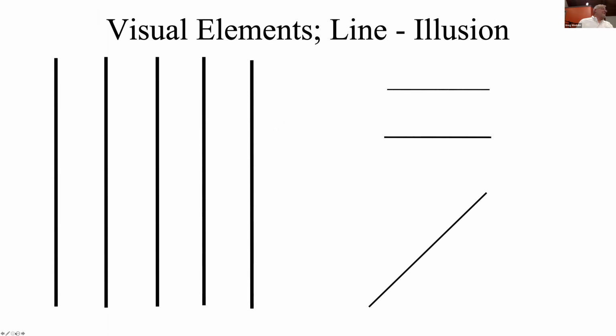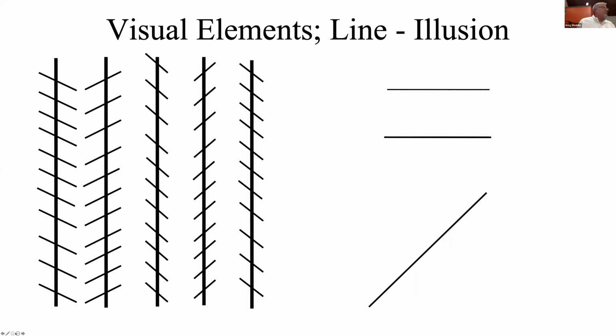This is one of my favorite ones. Okay, so the lines on the left, they're parallel lines, right? The two lines here are the same length, and the line over here is a contiguous line. However, they're not parallel lines anymore. No, they are. But the hash lines, they're tricking your mind.